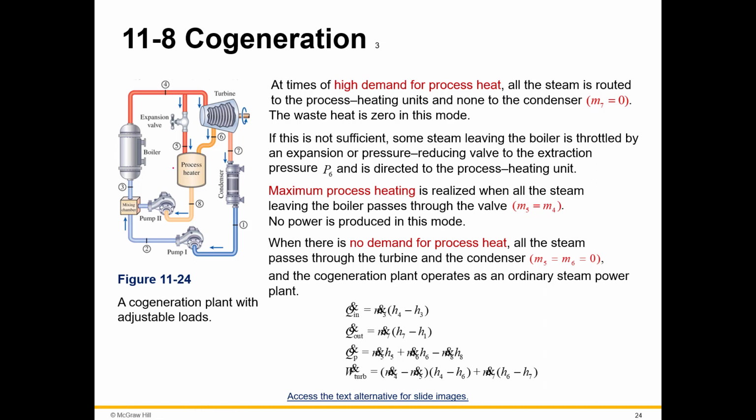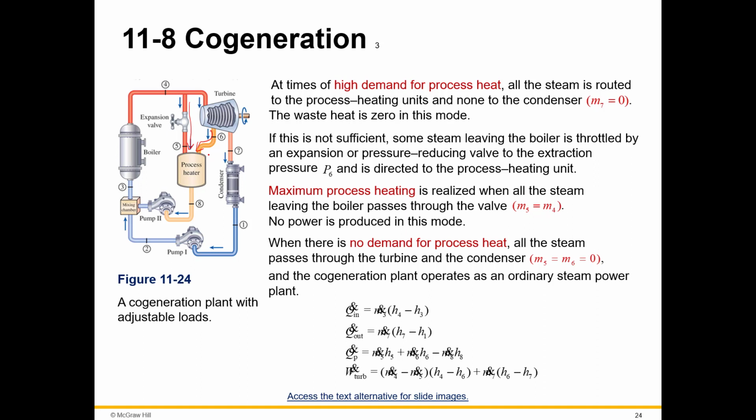So what we're saying is that we have all of these shortcuts, right? We can do P6 here. We can divert some here to this process heater. We can take a little more if that's what we need.